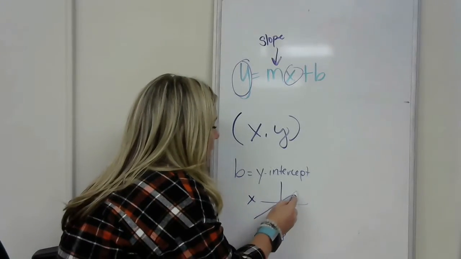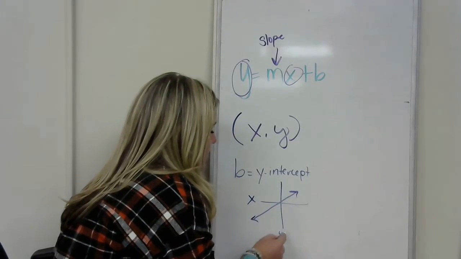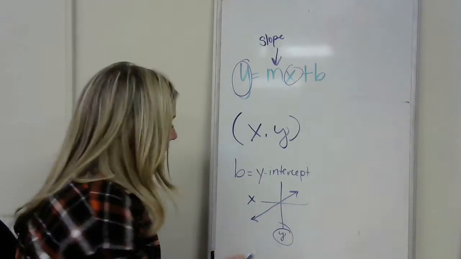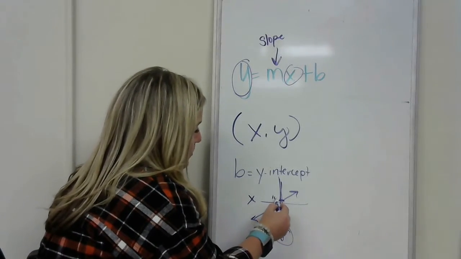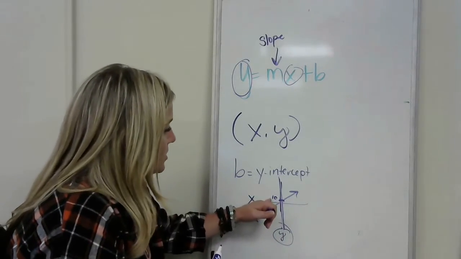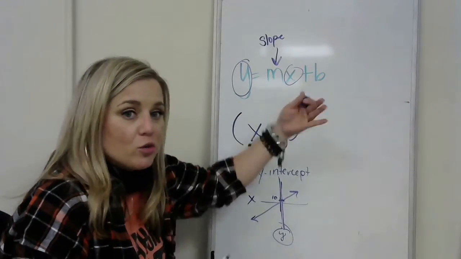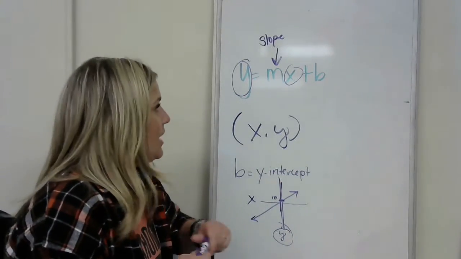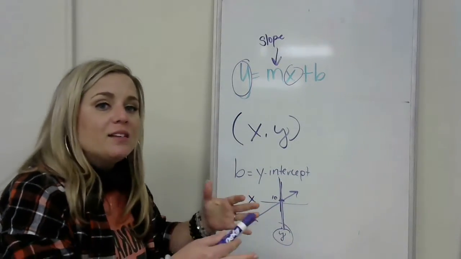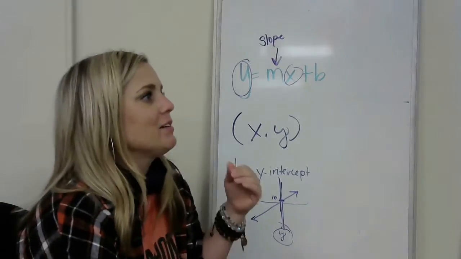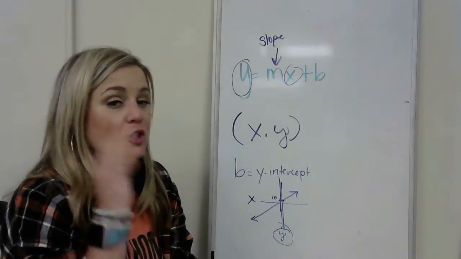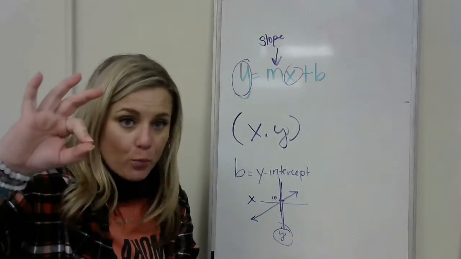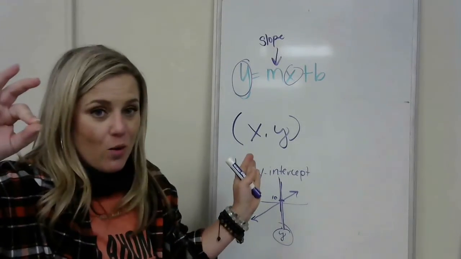Wherever your line crosses the y-axis, the up and down, wherever it crosses here, say that is at 10. Your y-intercept is going to be 10. So you'll just plug it in and you'll solve for whatever you have. A lot of times they'll ask you to find the slope and they'll give you a picture of a graph. So you have to pick 2 points, or you have to pick one coordinate point, an x and a y.